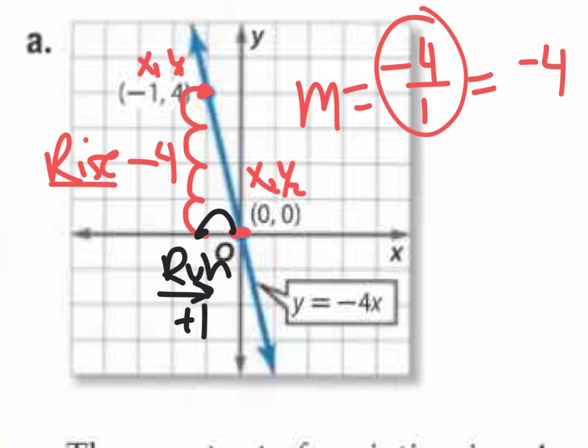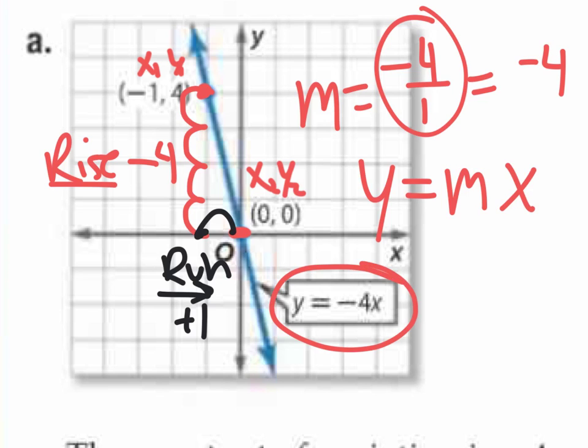And what they're saying is that direct variation is simply y equals mx. So what is your m value? It's -4. So your direct variation equation is right there, y equals -4x. And I would leave it, like I said, -4 over 1, but you could put it as -4 if you want. Does that make sense?